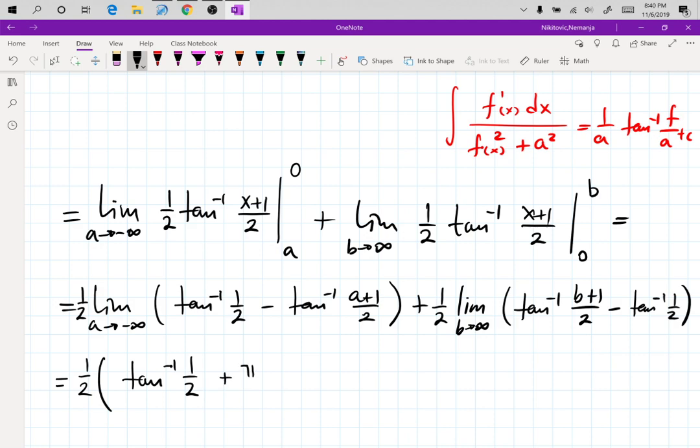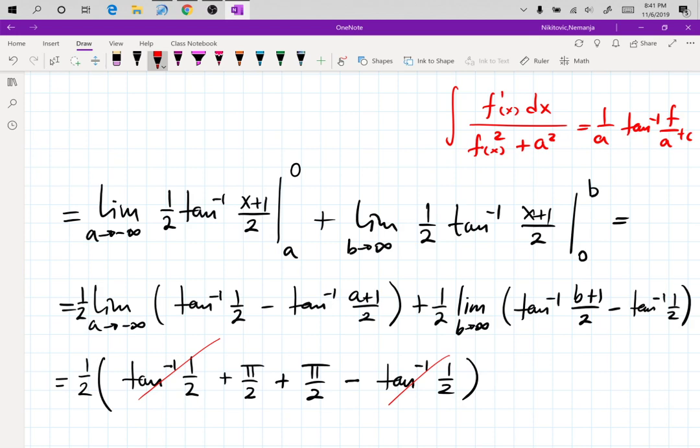So plus pi over 2, because this will give a negative pi over 2, and this negative is positive. 1/2 is already outside, so plus. Now the limit as b goes to infinity is going to be positive pi over 2. Awesome. And now I have minus tangent inverse of 1/2.